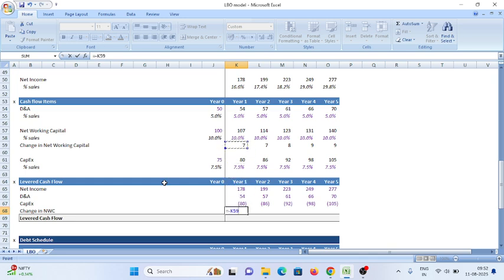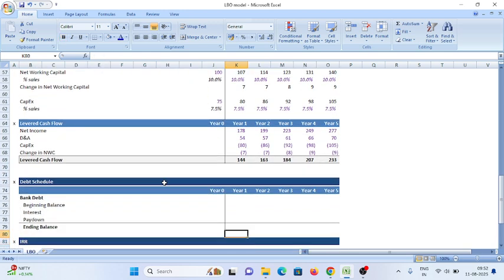It will be negative. Now we have total free cash flow. So company ABC is generating 150 to 200 million every year of free cash flow.